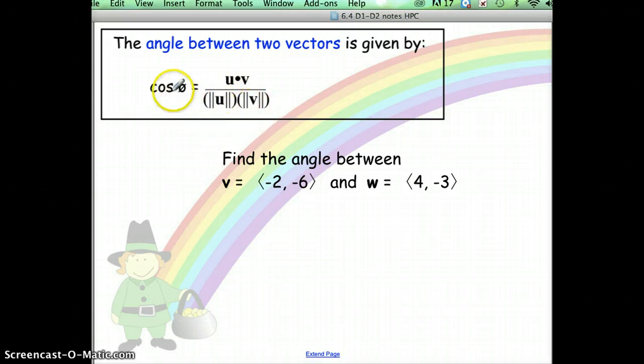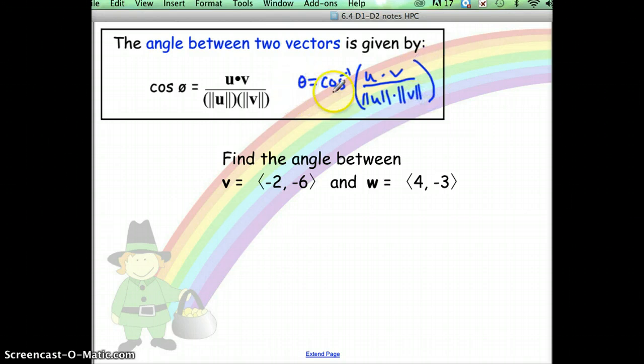Keep in mind, in order to get this angle all by itself, you're going to have to do the inverse cosine of all that stuff, the dot product on top, the two magnitudes multiplied together on the bottom. You want the angle, so you have to do the inverse cosine to get it.